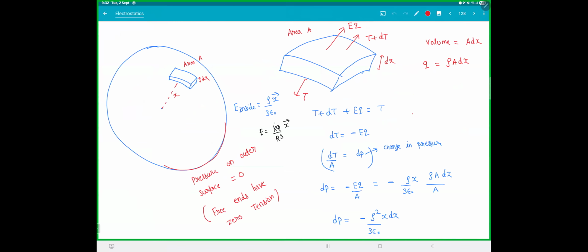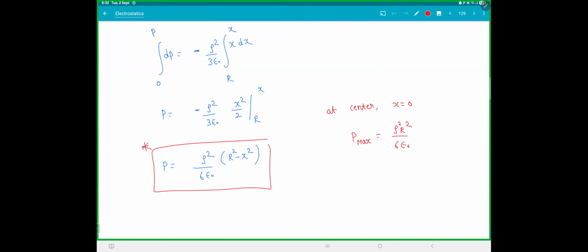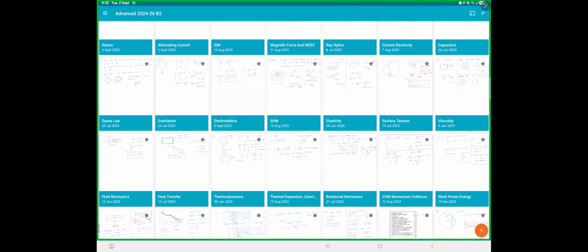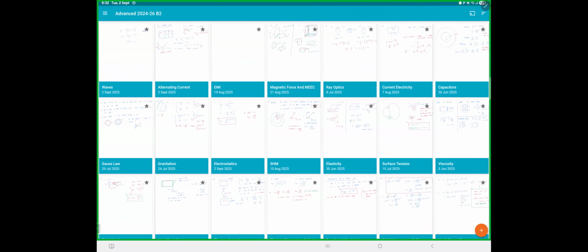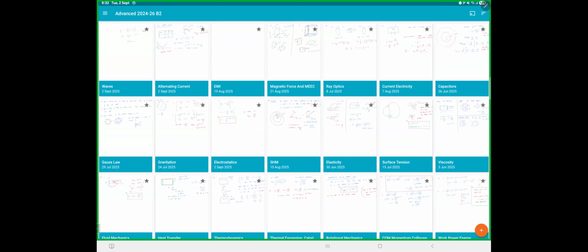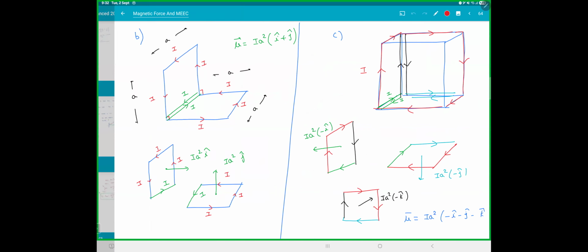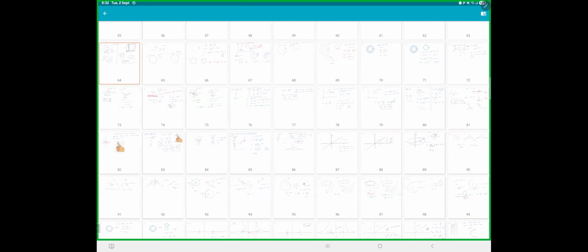You will keep getting elements like T plus dT, T, and you will keep hearing these kinds of words. The ideas are the same, only the chapter will be different. See, here also there is a minus sign; you get something similar. This is something in electrostatics. Then, I think we recently did something in magnetism.